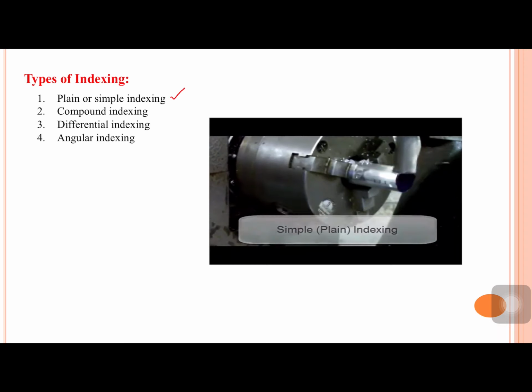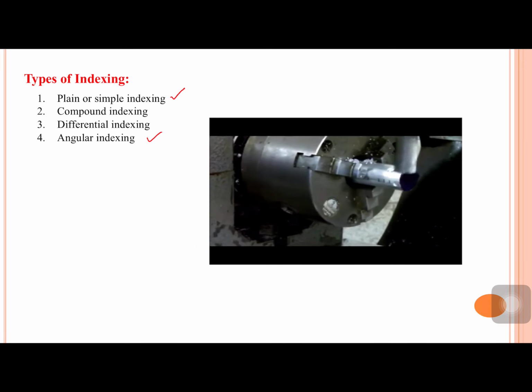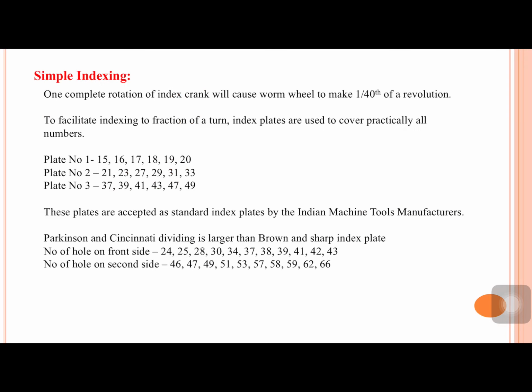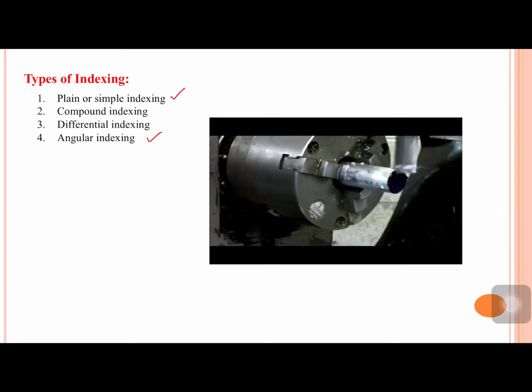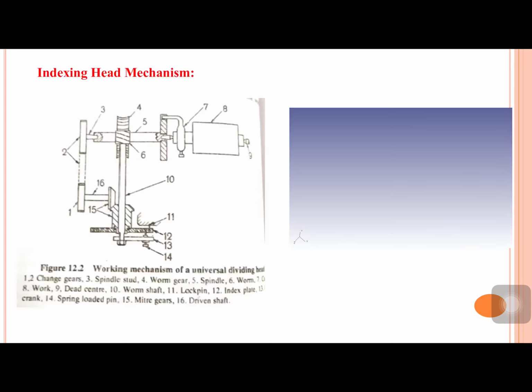In this particular video, I would like to talk about plain indexing and angular indexing. So first, let us start with simple indexing. In simple indexing, there is a worm and worm gear setup here, and they have a teeth ratio of 1:40.